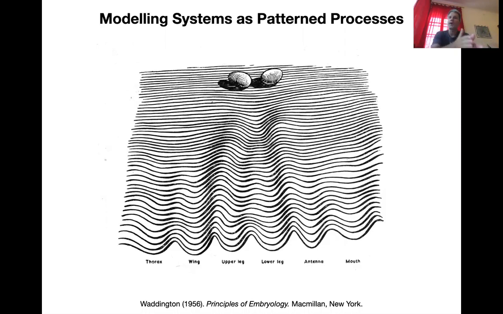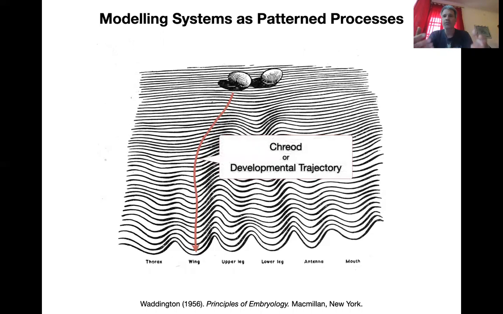So we want to know what is causing what. And the basic task, to use Waddington's epigenetic landscape metaphor, is to understand the shape, the geometry of what Waddington called a creode, what we nowadays call a developmental trajectory. If we understand this shape, we understand what the system does.